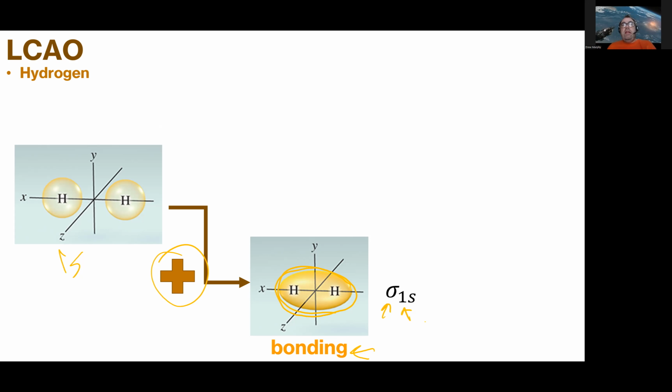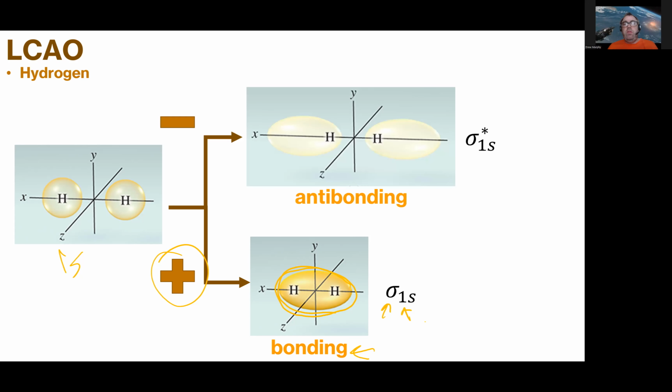Now, the linear combination means not only did we have to add them together, we have to subtract them from each other as well. So when we subtract them, we get an anti-bonding orbital. The anti-bonding orbital is always denoted by a little asterisk or a star. I call it star because asterisk is hard to say. This is still a sigma orbital because it's along the bond axis and between the two nuclei.